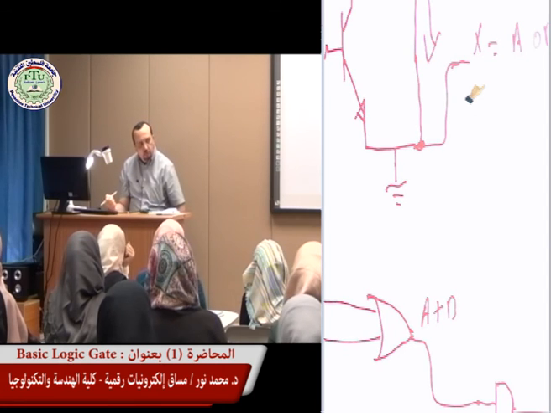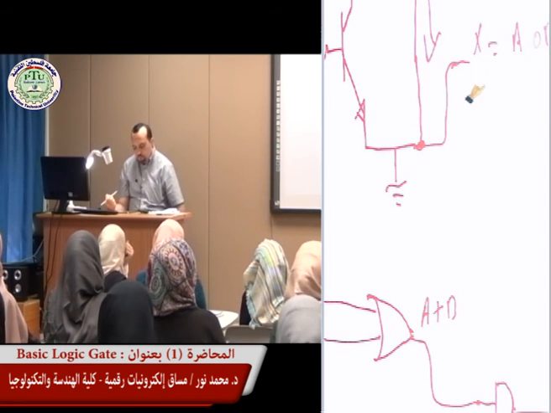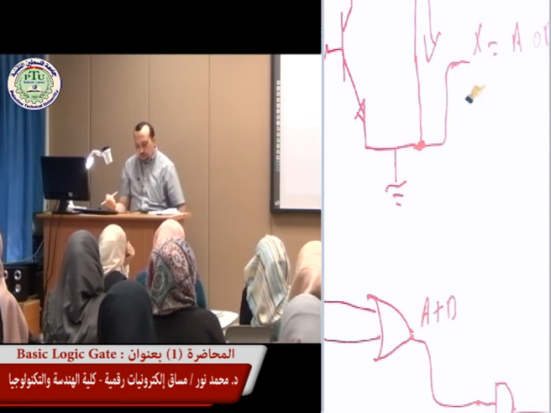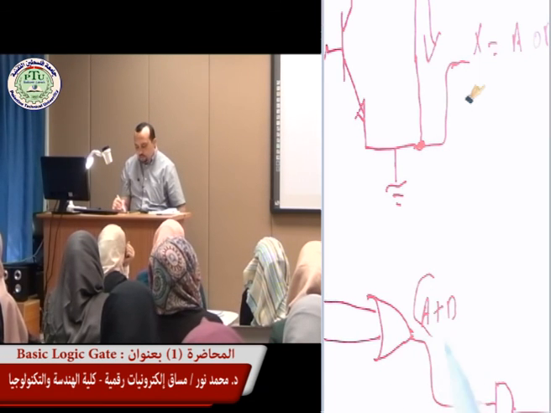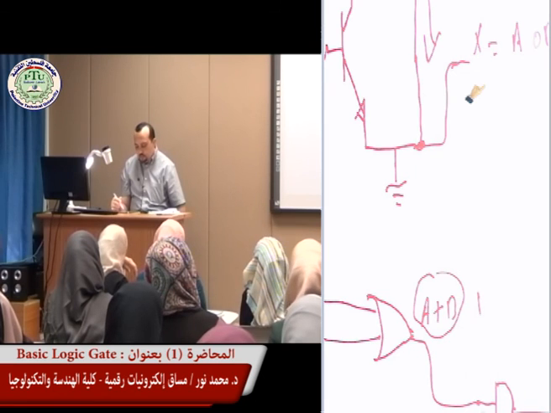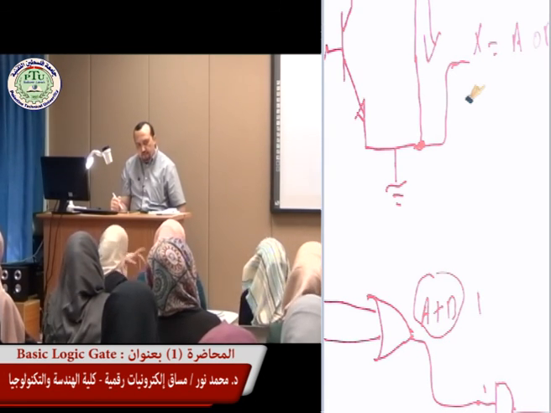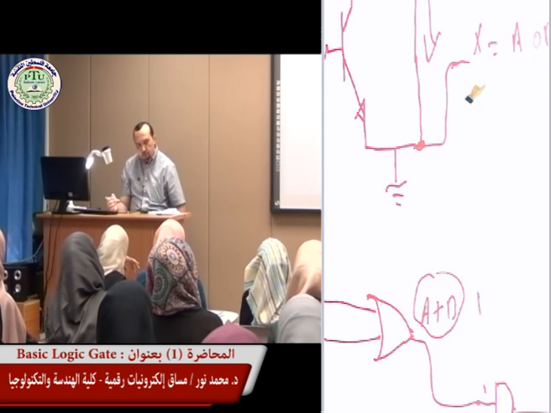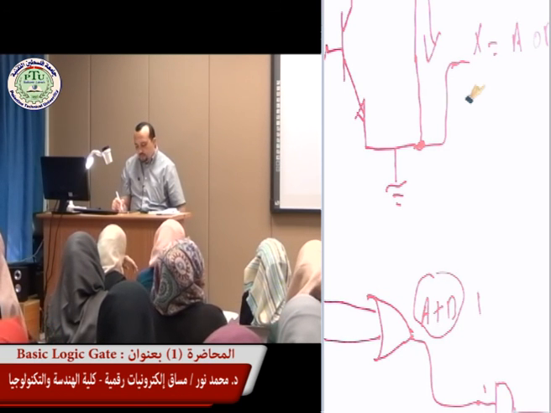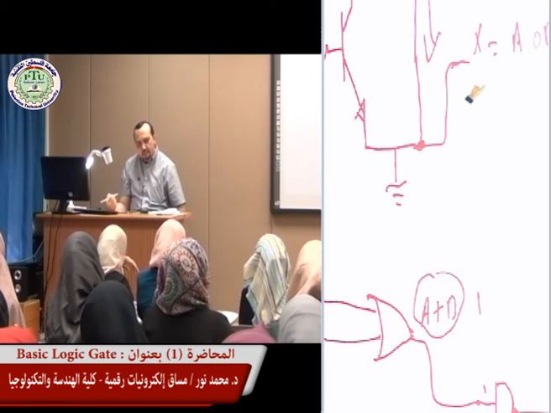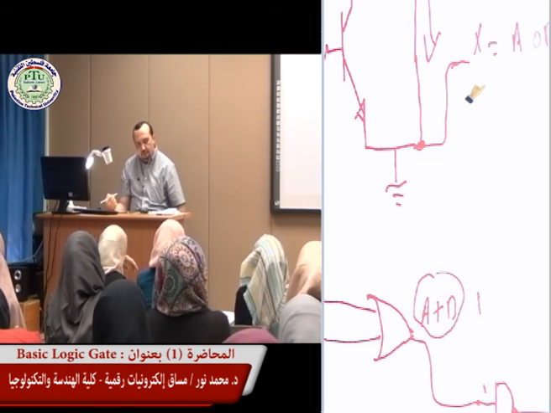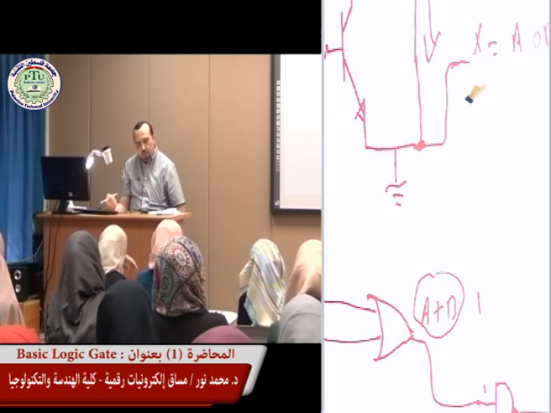What should be the output? 0. Let's try to trace it. At the first one here we have 1, so we have 1 here, and then we have 0. Since we have 0, it should be 0. If I say I have this case, it's going to invert it to 1, right?